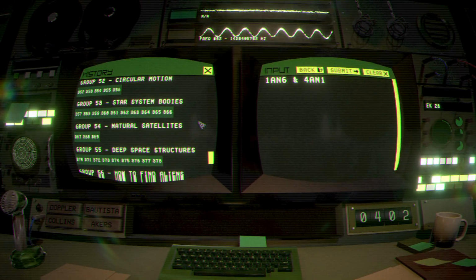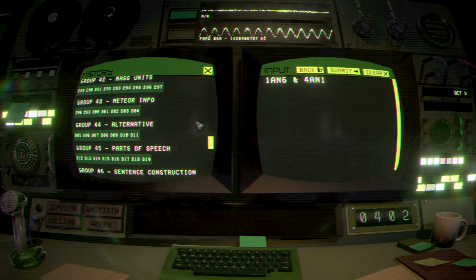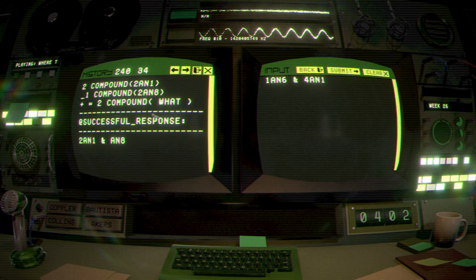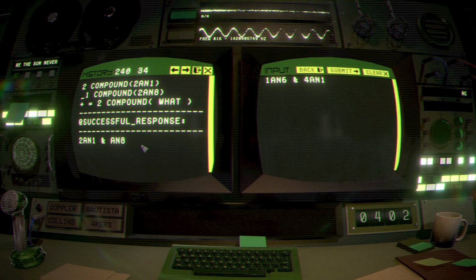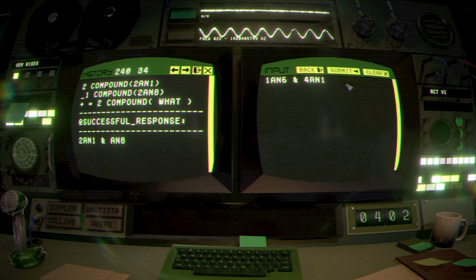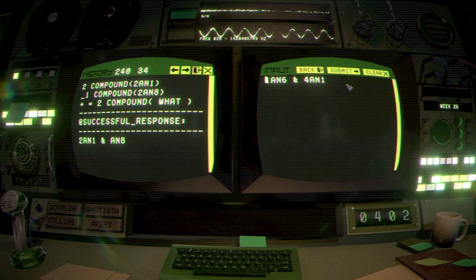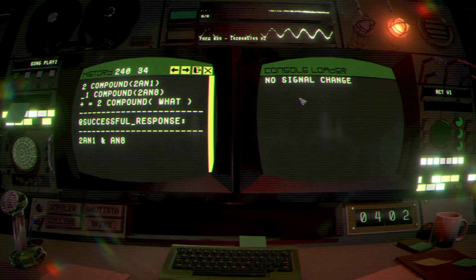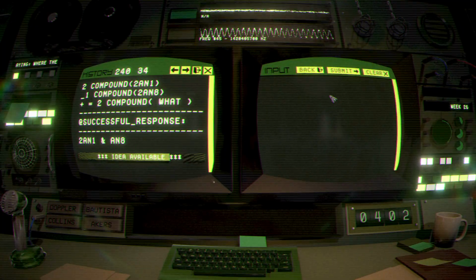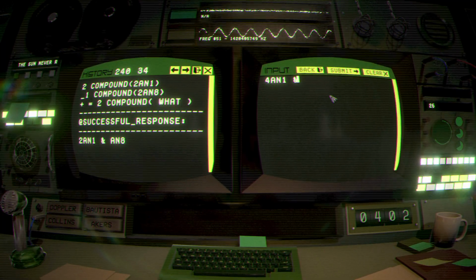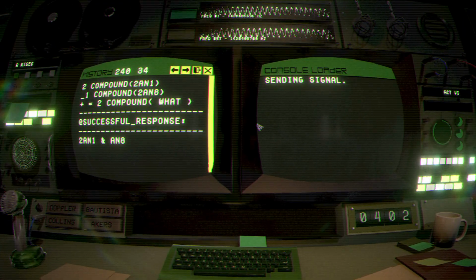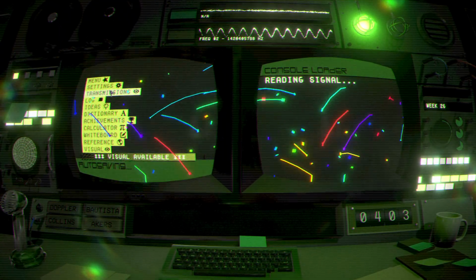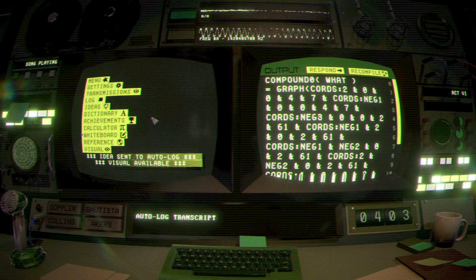Back to chemical compounds. So maybe we don't need the leading one. Maybe we need to put the small ones first. 4 AN1 and 1 AN6. Okay, small ones go first. That's good to know.